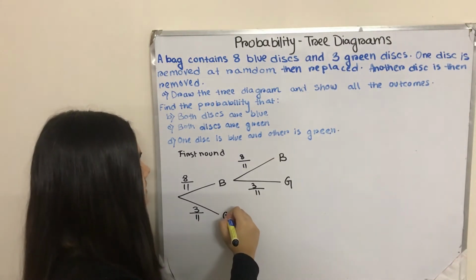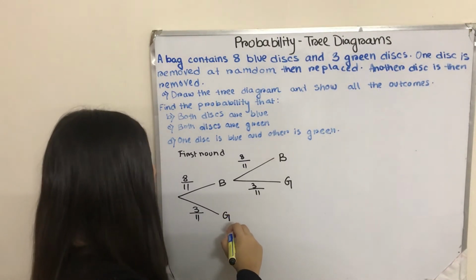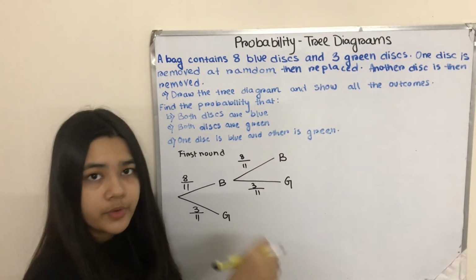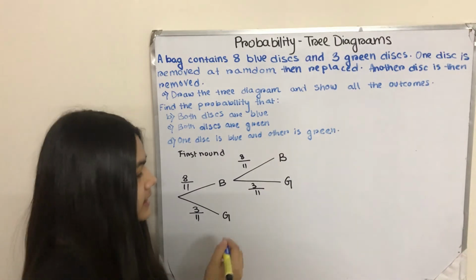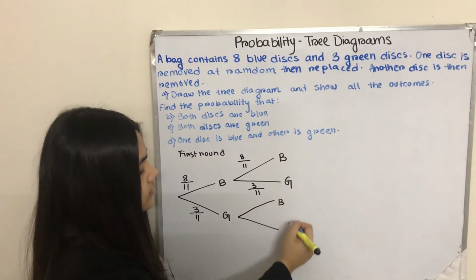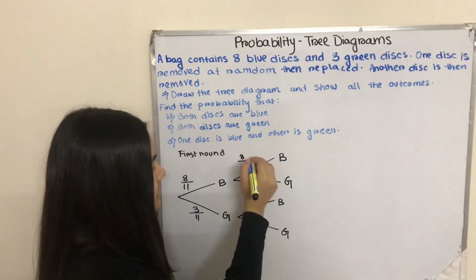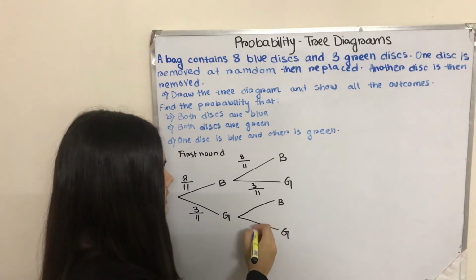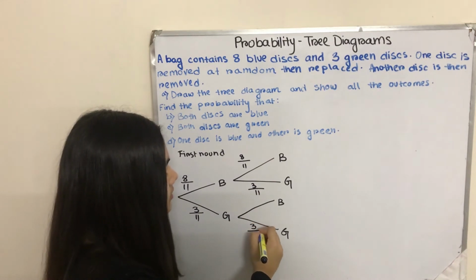If the person gets green in the first round, then they replaced it, that means after they removed it, they put it back. Then they would have an option between blue and green again in the second round. They had 3 green discs and the total number of discs is 11.